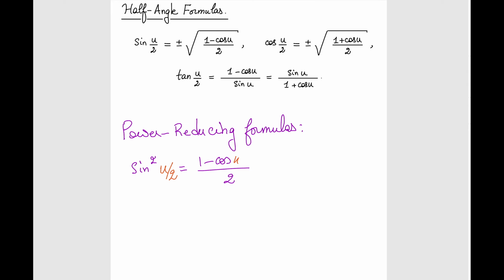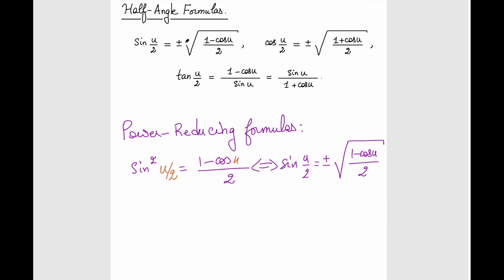And then what does this mean? Doesn't it mean that sine of u over 2 is equal to plus or minus the square root of 1 minus cosine u over 2? Correct? And plus or minus is determined by where u over 2 lives. Depending in which quadrant it lives, you determine the sign, right?